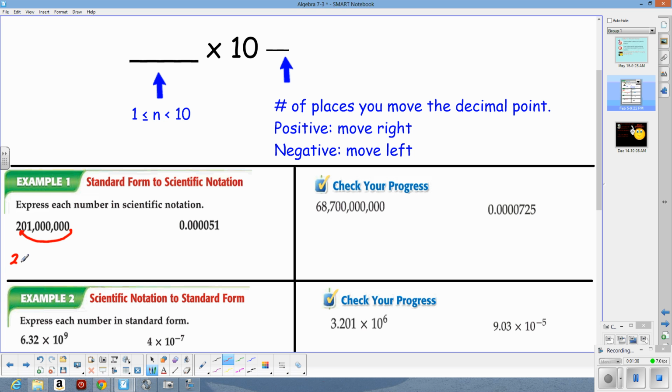So 2.01. I do not need to write these zeros here. I do need the 0 between the 2 and the 1 because it's holding a place. So 2.01 times 10 to the 8th power.